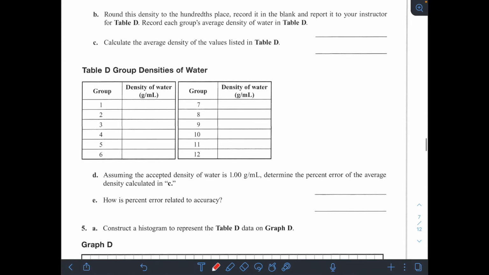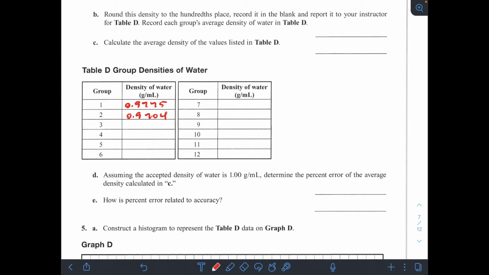So you'll record these values for each of the groups. So group 1 would have a value of 0.9775. Group 2, 0.9704. And so on and so forth. So I think there's like 9 data points. So data for 9 groups. It's okay that there's not all 12.